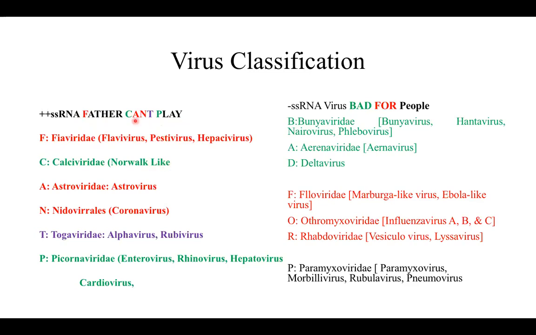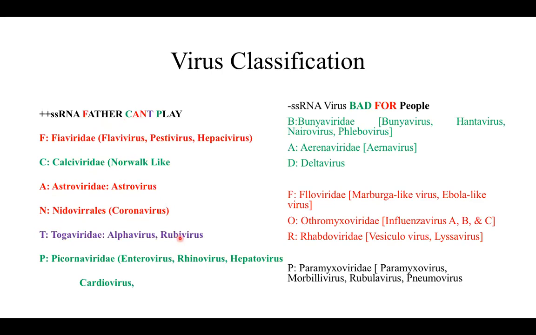The second letter of can, A, indicates the astrovirus. The third letter, N, indicates the nidovirus, that is the coronavirus group. T stands for the togavirus, which includes the alphavirus and the rubivirus.